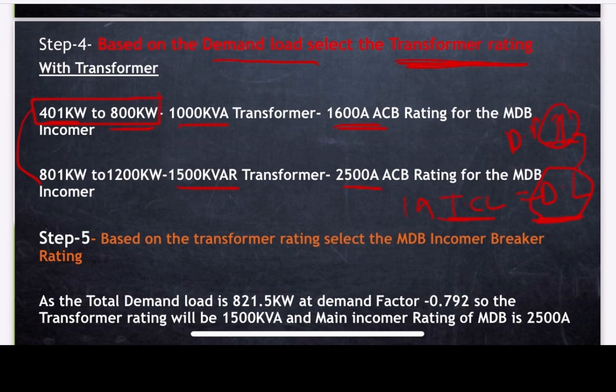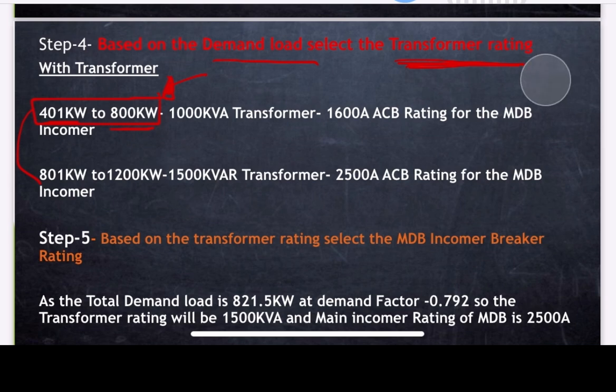So what is the point here? Whether it is the demand load or the total connected load, no need to worry, because the total connected load and demand load could be equal to each other when the demand factor is equal to 1. So you are the designer, you have to design the MDB based on the demand factor.